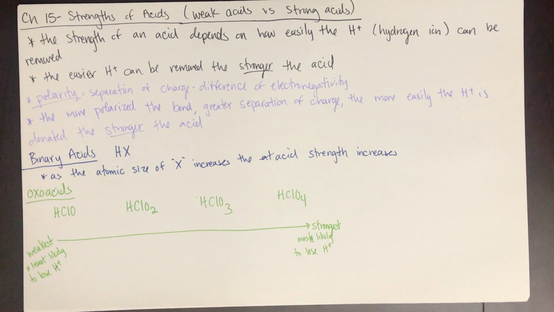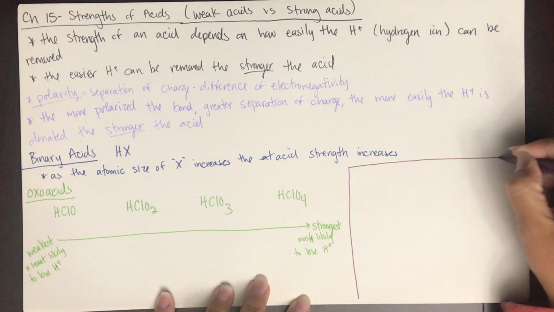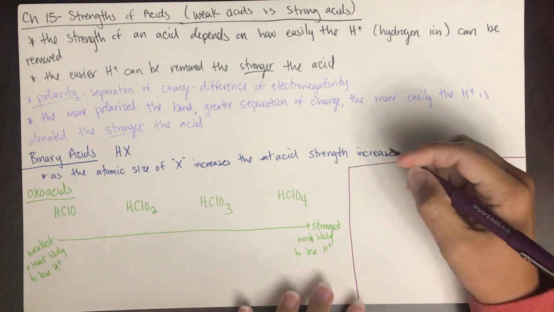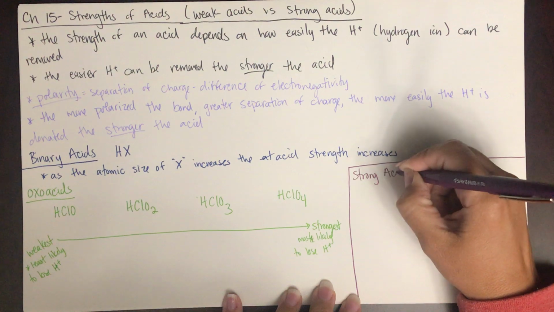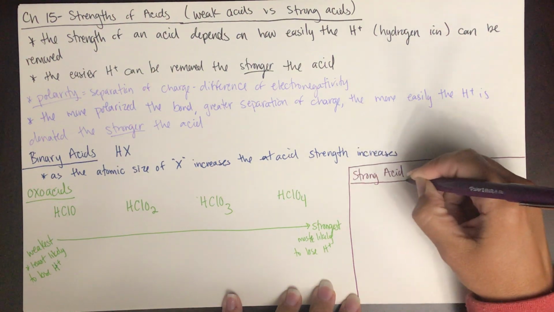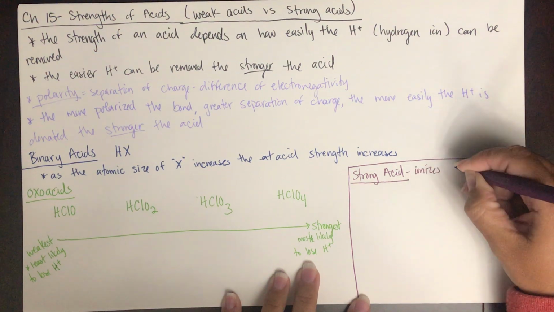So one thing that we need to talk about, we need to define the difference between weak acids and strong acids. I'm just going to put this over here. So a strong acid is an acid that ionizes completely.